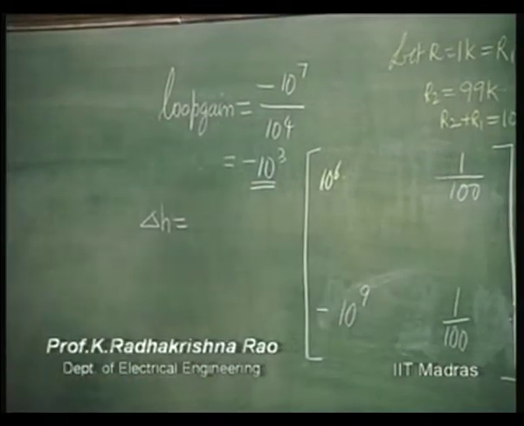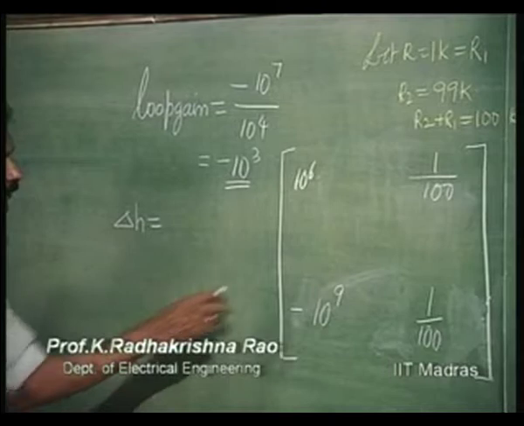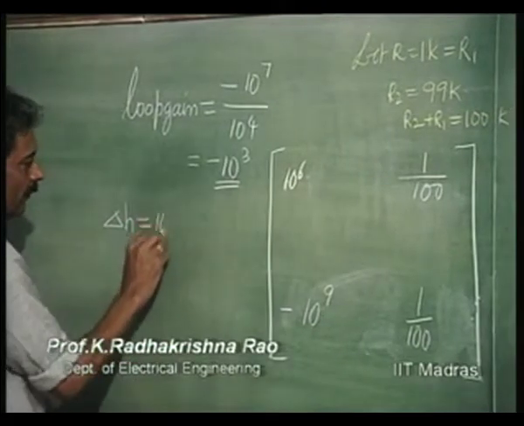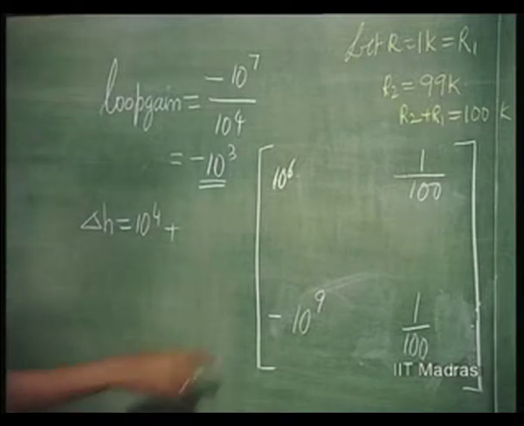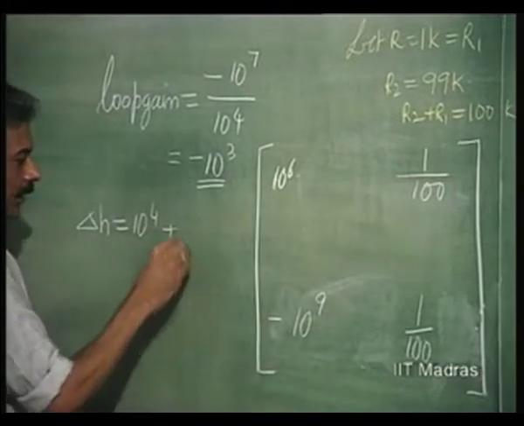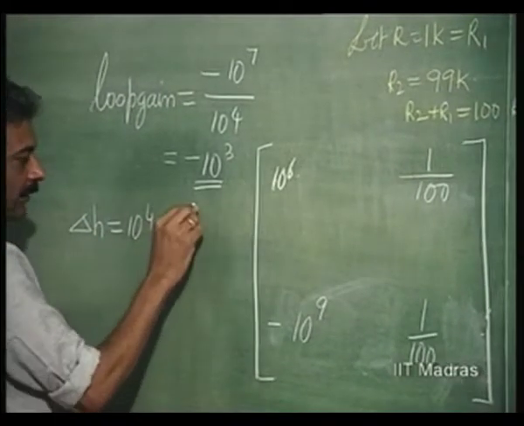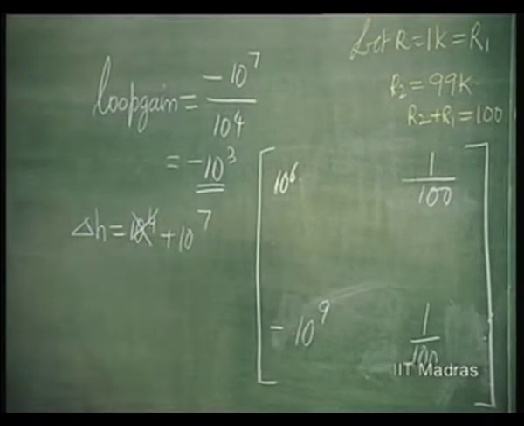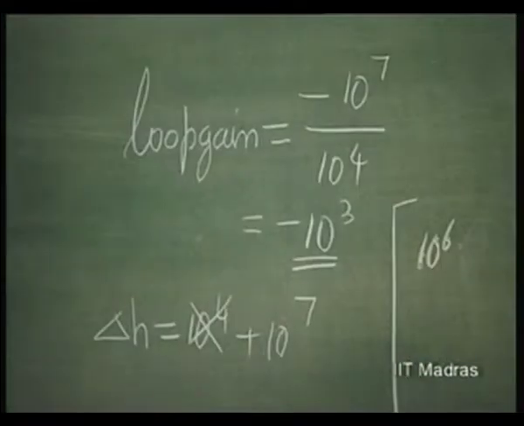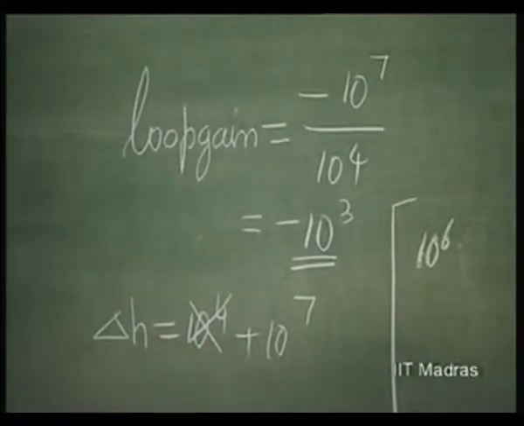So delta H is nothing but this into this, that is 10 to the power 4, plus 10 to the power 7. Once again we can neglect this compared to this. So 10 to the power 7 is delta H.